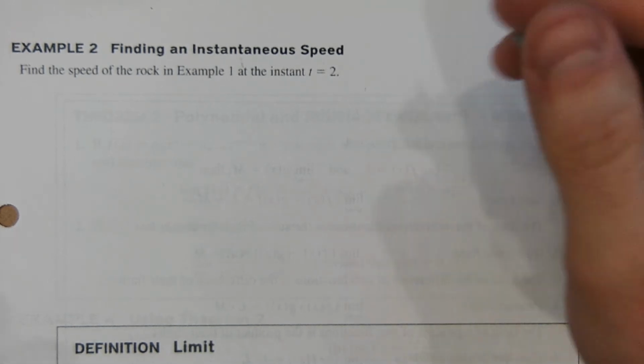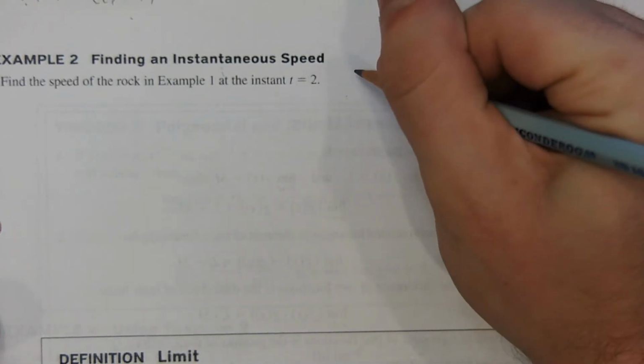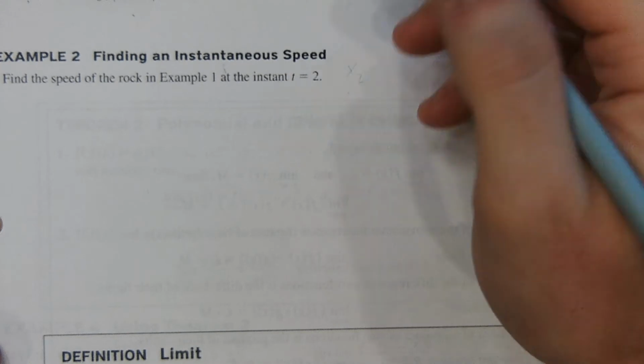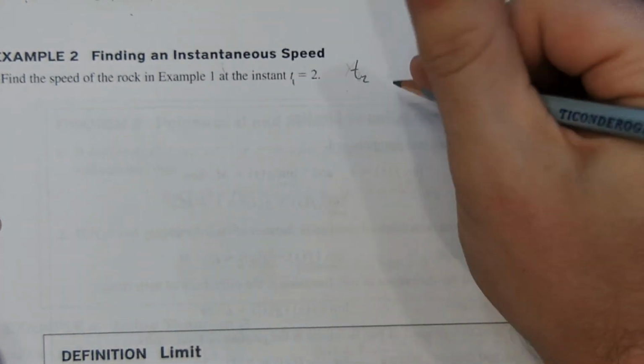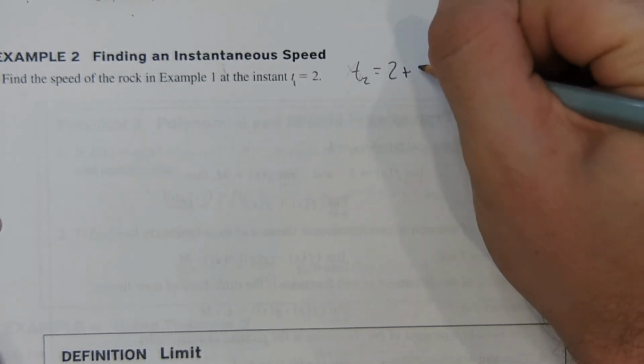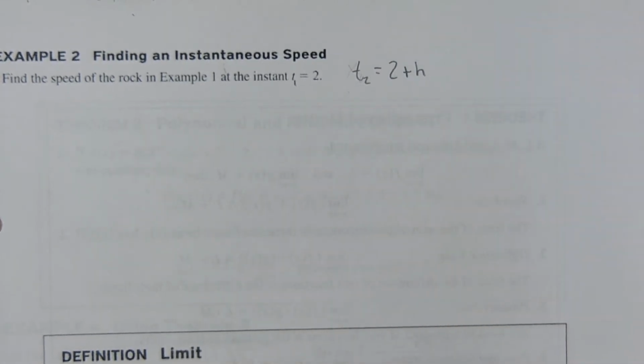So how about we say that the second point, oops, wrong variable again, the second point, t sub 2, if this is t sub 1, is 2 plus some minute value that we'll just call h. It's so small we can't even give it a numeric value, we can only give it a letter value, h.